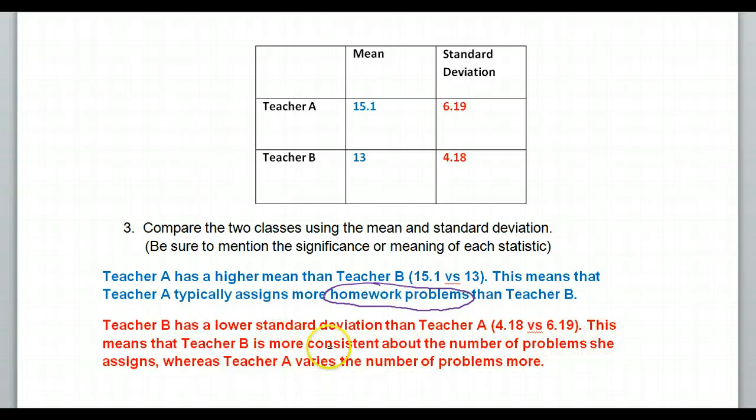Again, the second sentence, the one that's about standard deviation, has to mention homework problems. So, teacher B is more consistent about the number of problems she assigns. Teacher A varies the number of problems. Do not just say this means teacher B is more consistent. You have to say teacher B is more consistent about the number of problems.